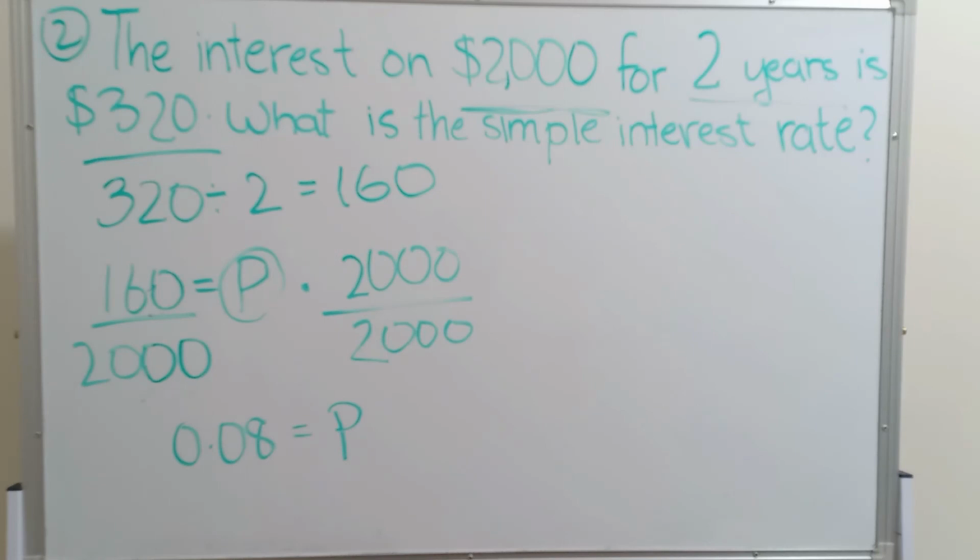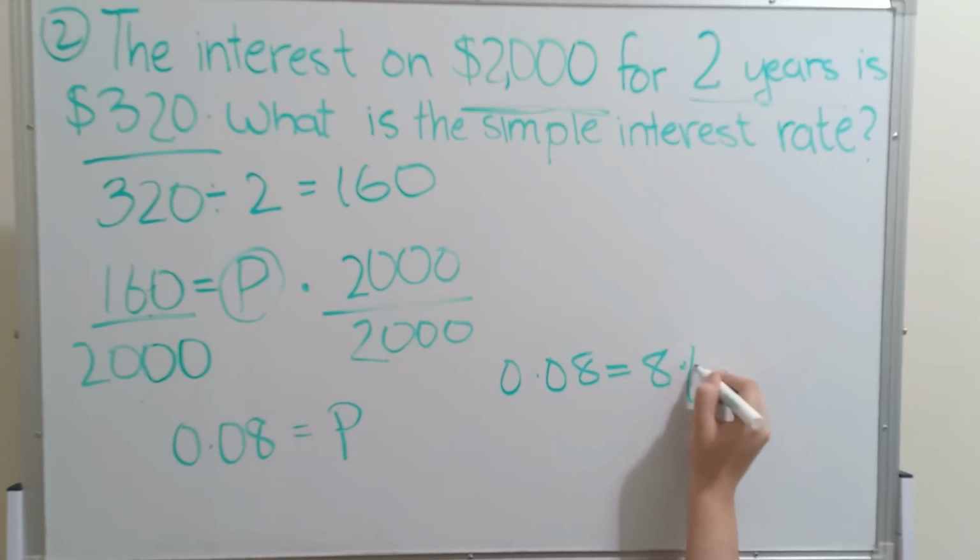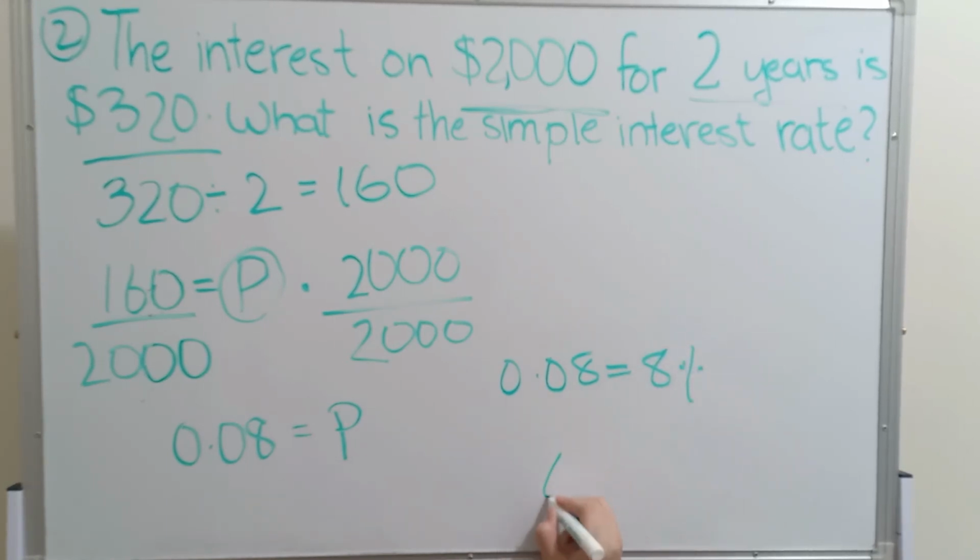We know that we're going to turn it into a percent form to get our answer correctly. So 0.08 in percent form, how much is it? It is 8%. So we have 8% interest rate for 1 year.